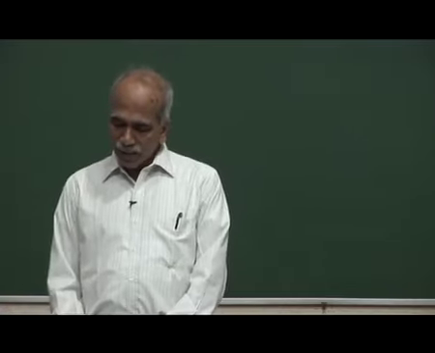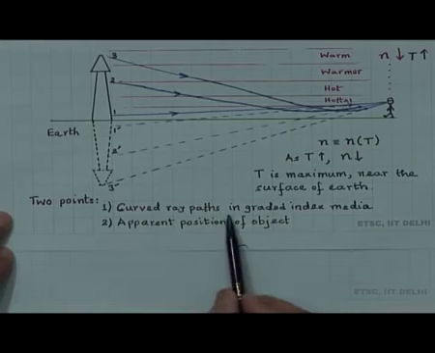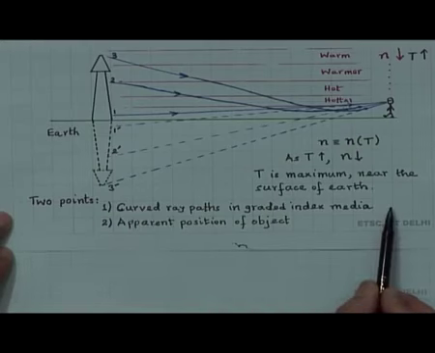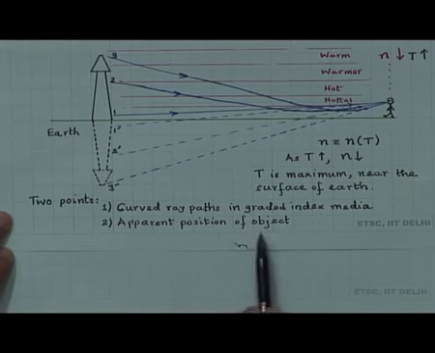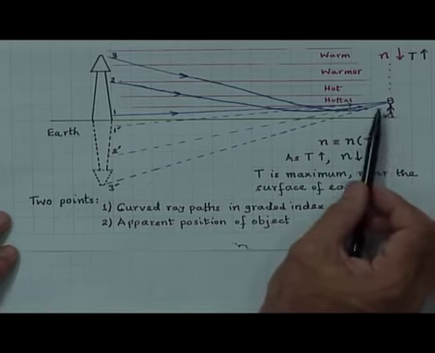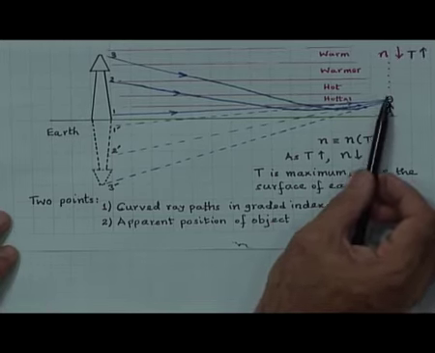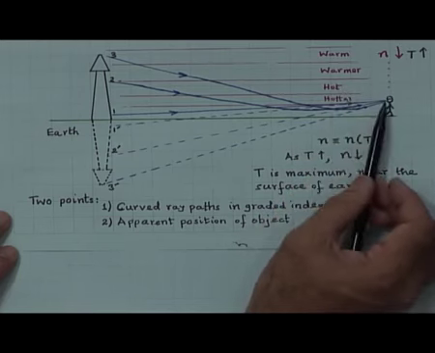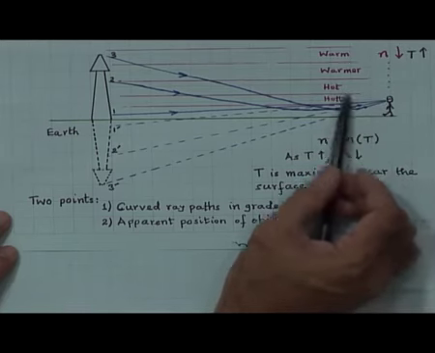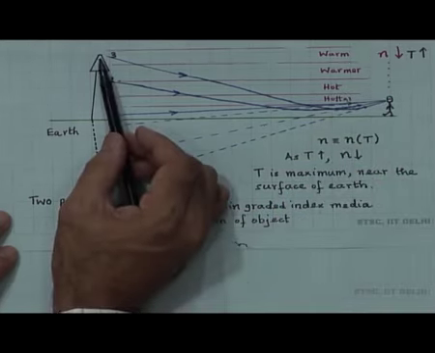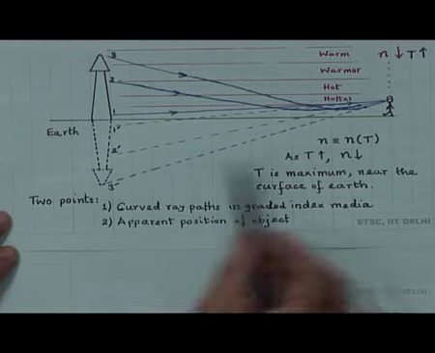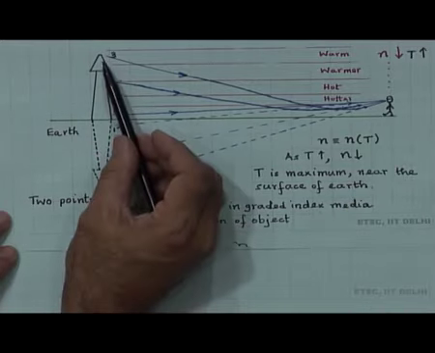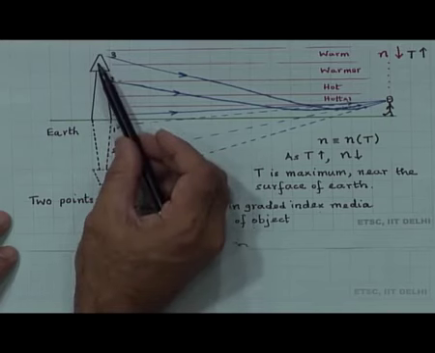We have used two concepts: one, curved ray paths in a graded index medium, and two, the apparent position of an object. However, please see that if the observer raises his head and looks at the tower here, he will not see a mirage, he will be directly able to see the object here.